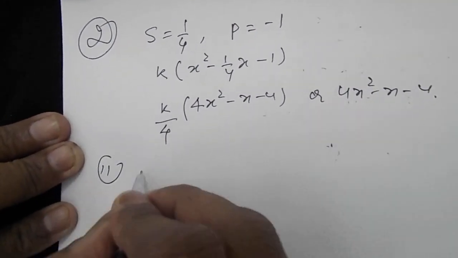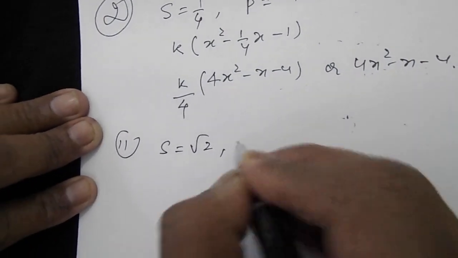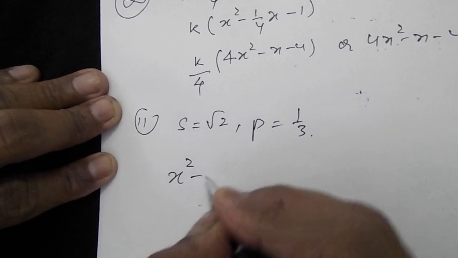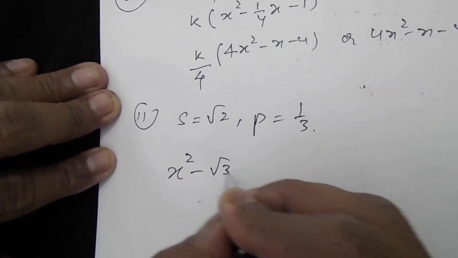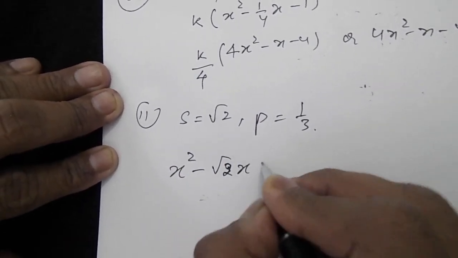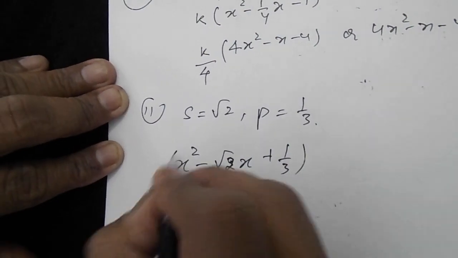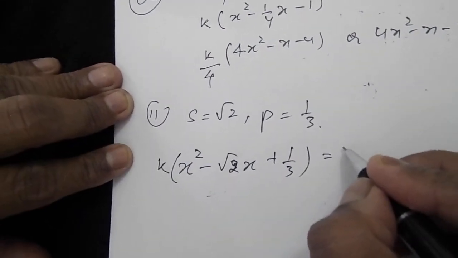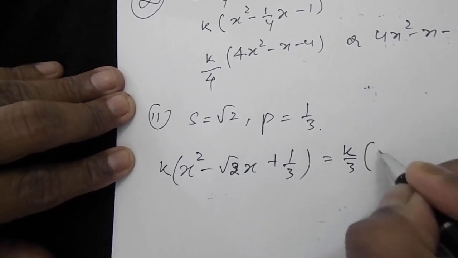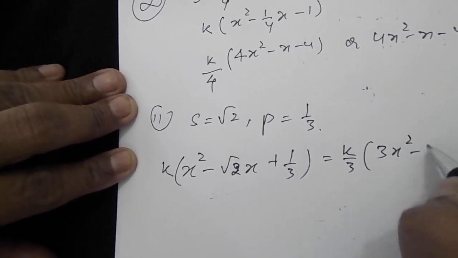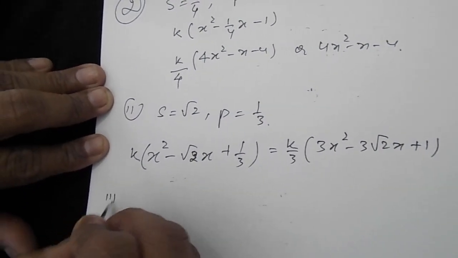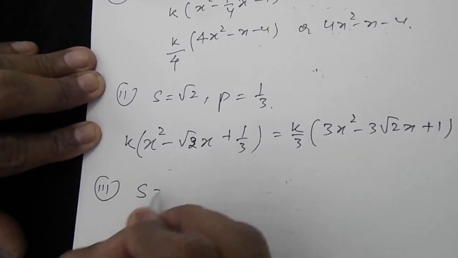Second part, the sum is given as root 2. The product is given as 1 by 3. The polynomial will be x square minus root 2x plus 1 by 3 into k. So we can take LCM. So this will become k by 3, 3x square minus 3 root 2x plus 1. Third part, the sum is given as 0.